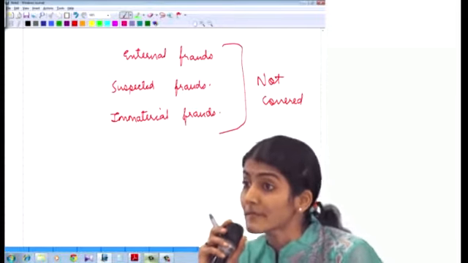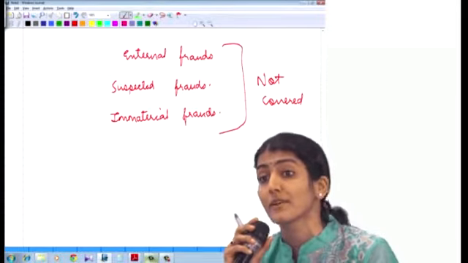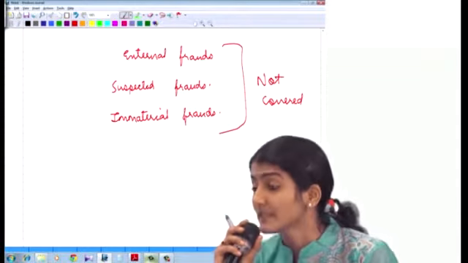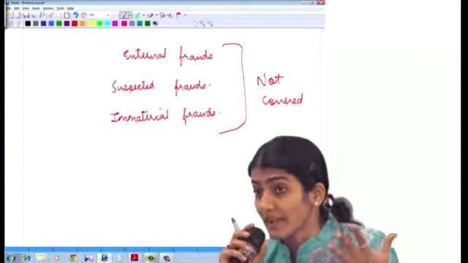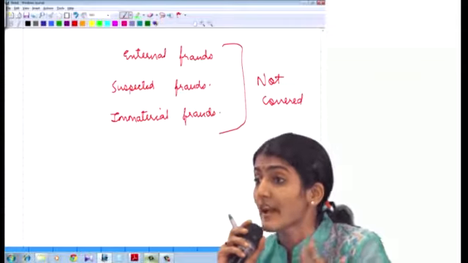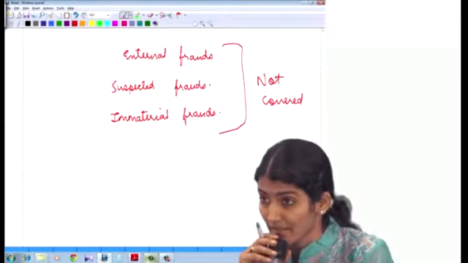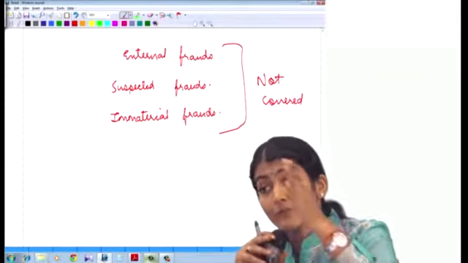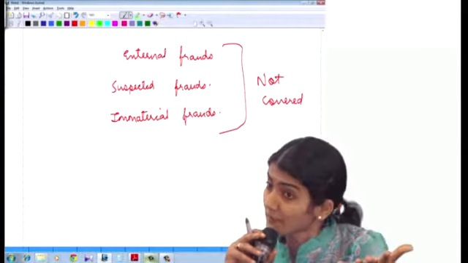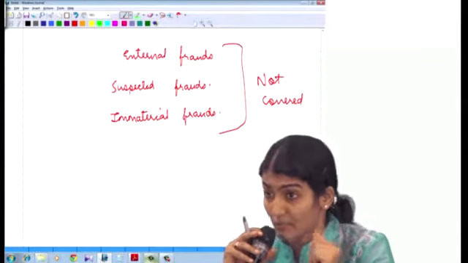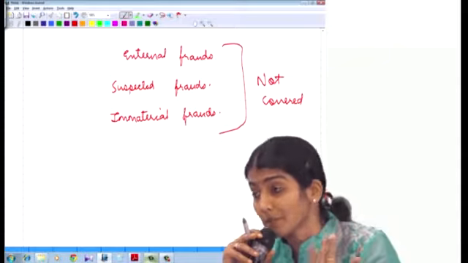So 3 types of frauds are not covered in clause 10 of CARO 2016. What are the 3 types? External frauds, suspected frauds, and immaterial frauds. Whereas 143.12 covers internal frauds as well as external frauds. What does 143.12 say?